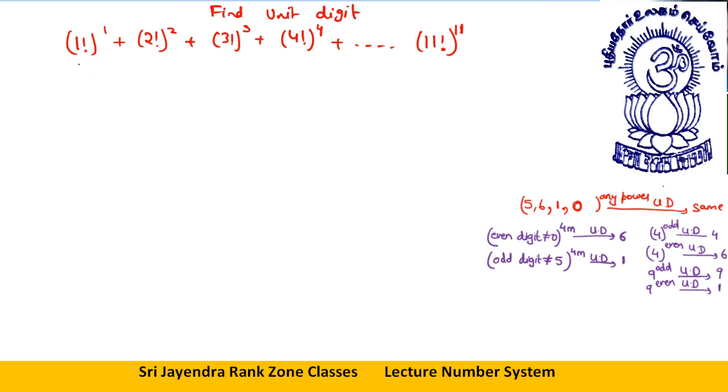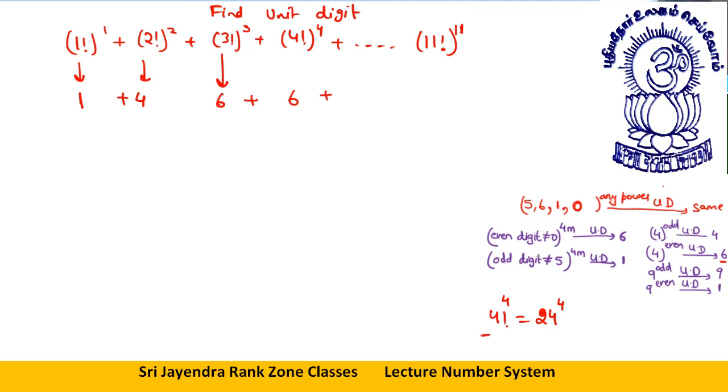See, 1 factorial we already know is 1. 2 factorial is 2, 2 raised to power 2 is 4. 3 factorial is 6, and 6 raised to any power will give you the same 6. 4 factorial is 24, and 24 raised to the power 4: 4 raised to power even will give you a 6.